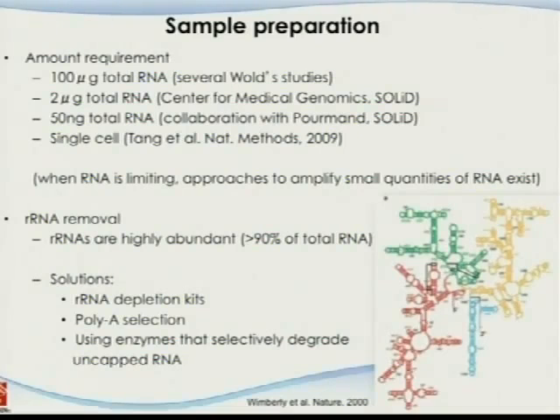Our experience is if you do poly A selection, which we have a couple of experiments on, your ribosome content is very minimal, 1% to 3% of ribosome RNA. But if you use any of the RNA depletion kits, it depends on what you use and how good you are experimentally.